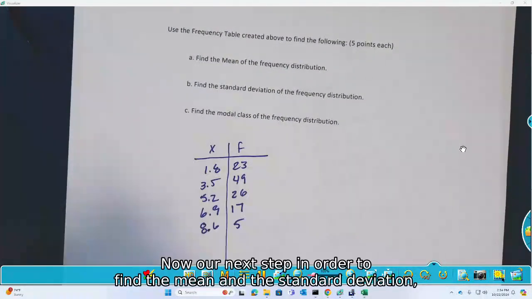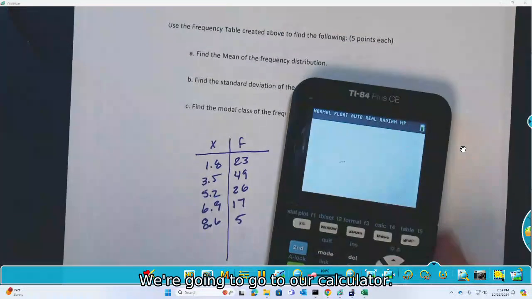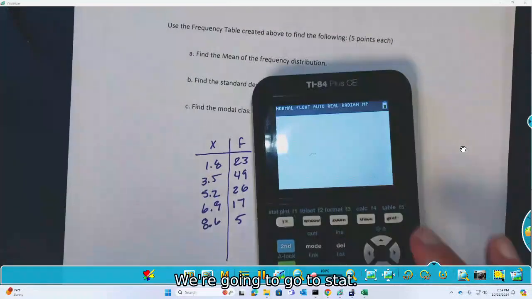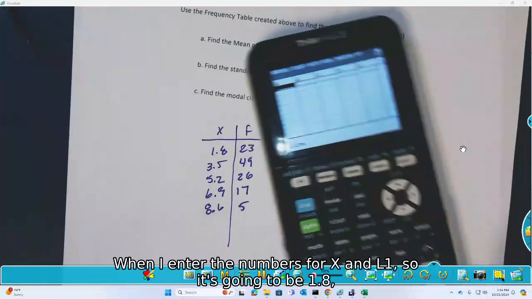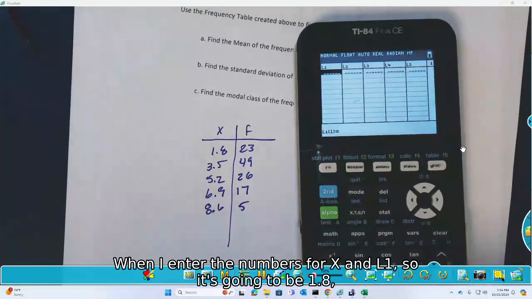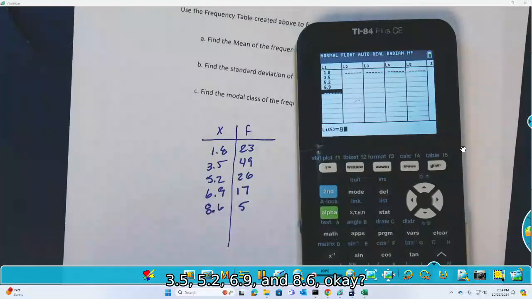Now our next step, in order to find the mean and the standard deviation, is to go to our calculator. We're going to go to Stat, then Edit. We're going to enter the numbers for X in L1. So it's going to be 1.8, 3.5, 5.2, 6.9, and 8.6.